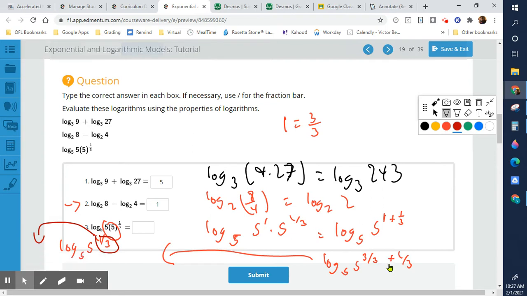So I'm going to rewrite this as 4 over 3 times log base 5 of 5. Well, I already know log base 5 of 5 is a giant 1, because it's saying 5 to the x is equal to 5. And we already kind of did this except with b's in the last one.